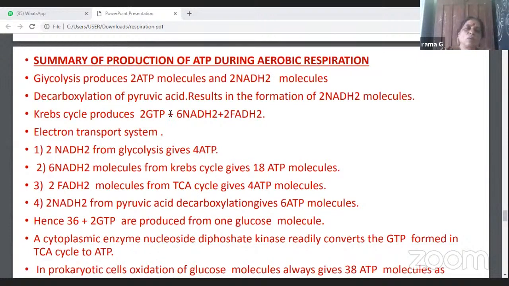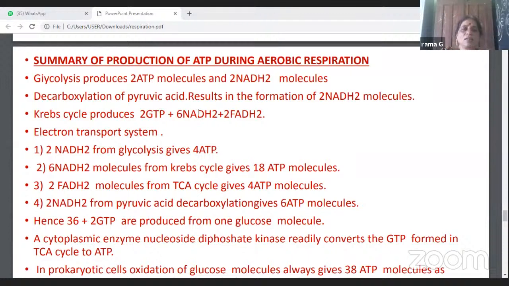Why are we multiplying it with 2? It means there are 2 pyruvic acid molecules, and for 1 pyruvic acid molecule the Krebs cycle should turn one time, and 2 pyruvic acid molecules are there. That's why the Krebs cycle should turn 2 times.